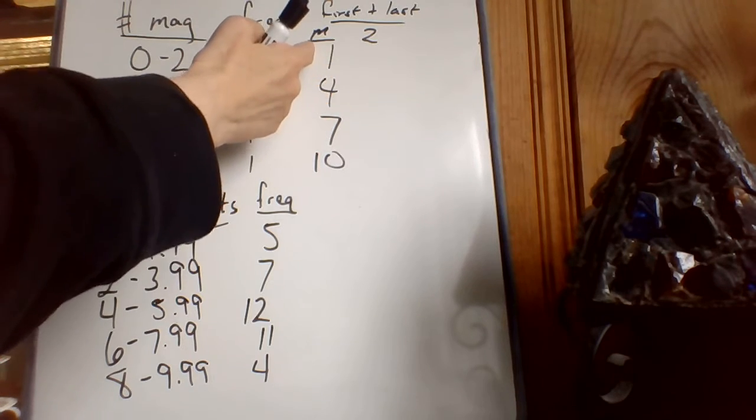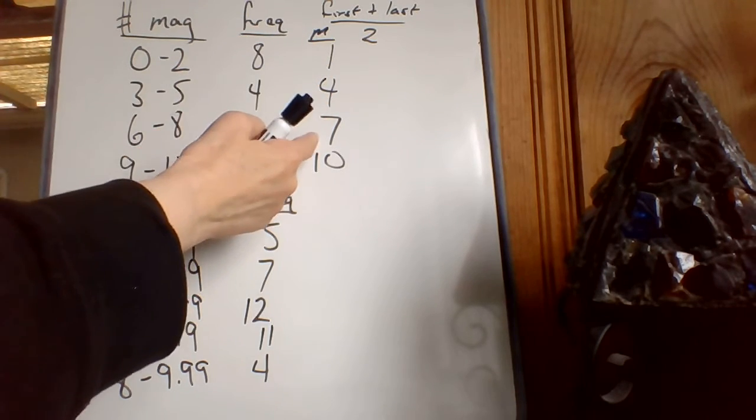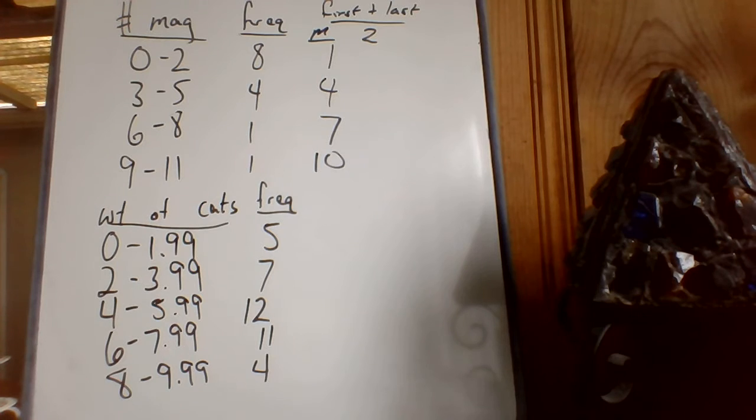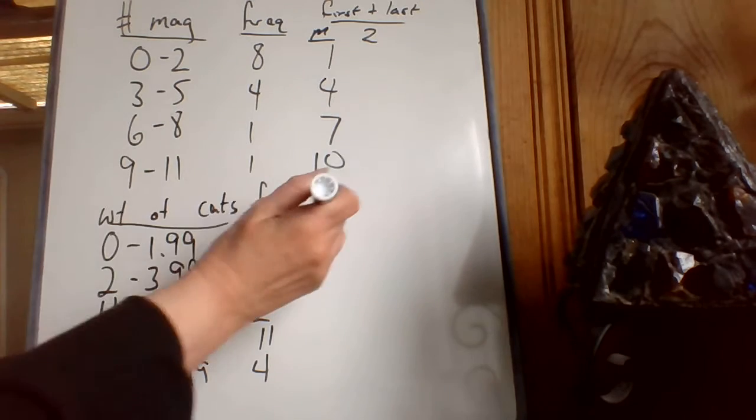The width was 3, and that's 1, then 3 later, 3 later, 3 later. If you didn't want to do the calculation a bunch of times, you could have just kept going up, plus another 3, plus another 3, and that would have given them to you. All right, now let's try the midpoints down here.